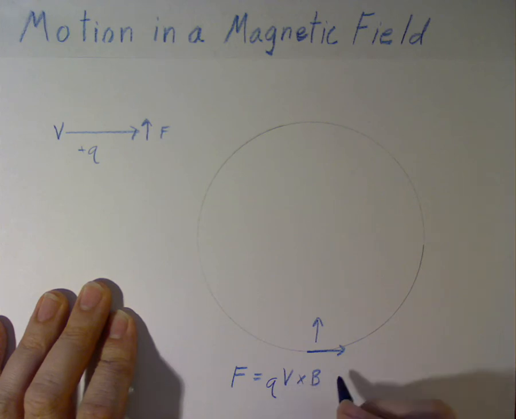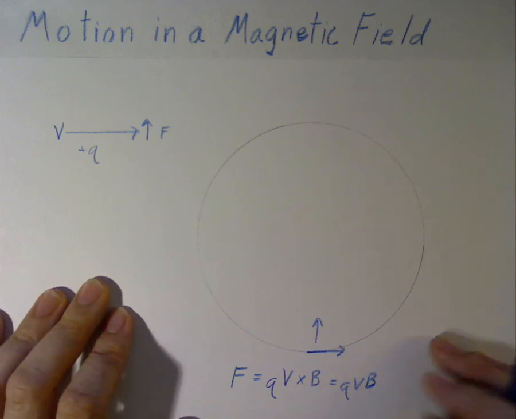In this case, we can simplify and simply write QVB, where v is the part of our velocity that is entirely perpendicular to the magnetic field. If there is a part that is parallel to the field, we'll get a spiral instead. But this equation will still work, and the rest of this problem will be the same.